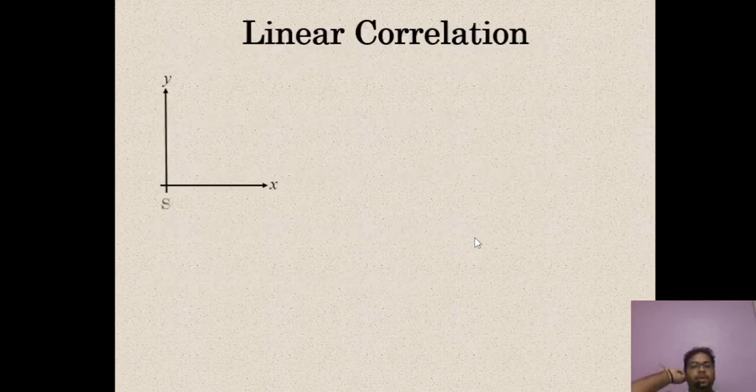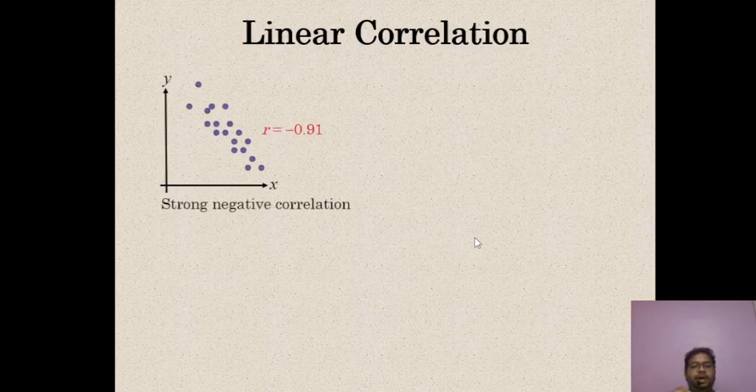Likewise, okay, let's understand that linear correlation based on the values. So suppose if it is r equal to minus 0.91, so the graph would be on the negative side.